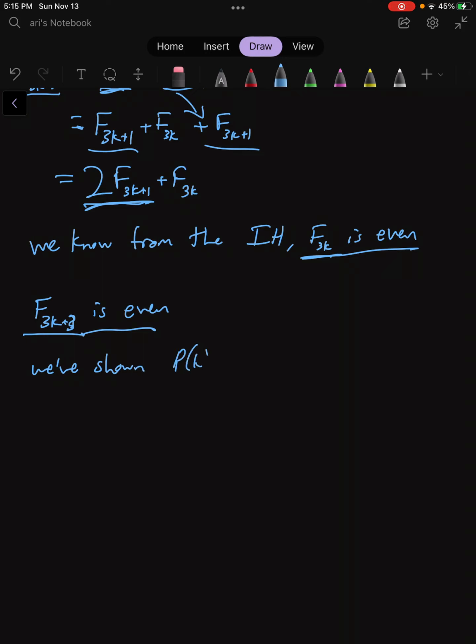So anyway, we've shown that P of k implies P of k plus 1. That is, we've shown that if f of 3k is even, then f of 3k plus 3 is also even. That's what we've just shown.